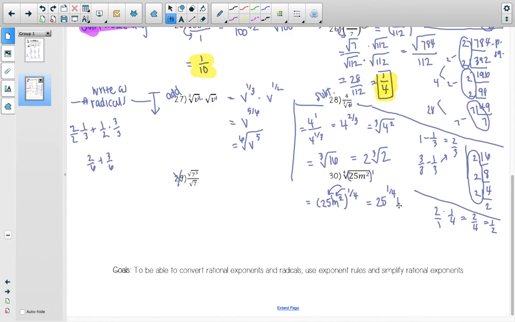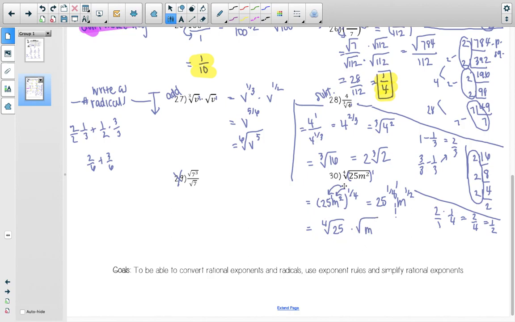So now you have m to the 1/2. Well, we're going to realize something. This right here has a different radical than that, and that's okay. So we're going to have to think of them separately. So we have 25 on the inside, and the 4th root of that, and then this right here is a square root, so times, and then the m is to the 1st power, and then it's the square root.